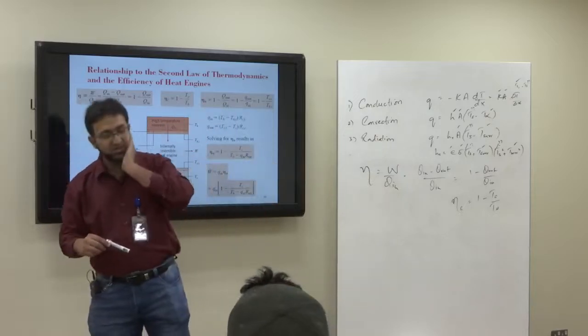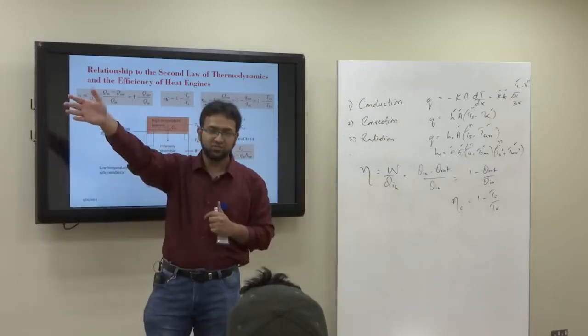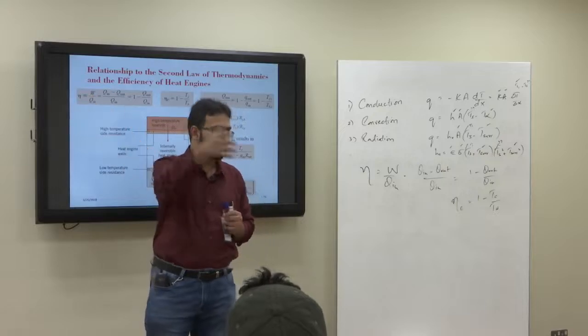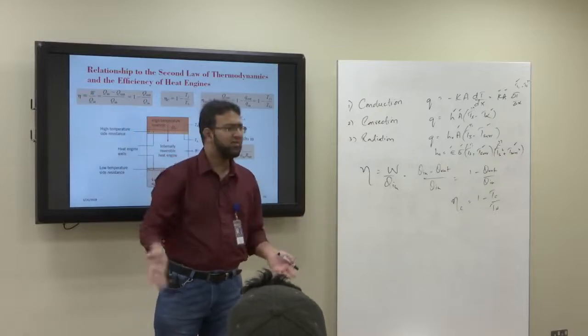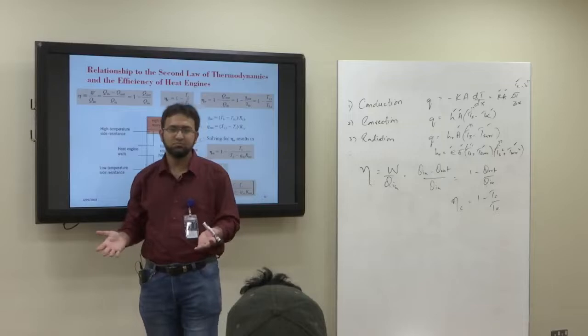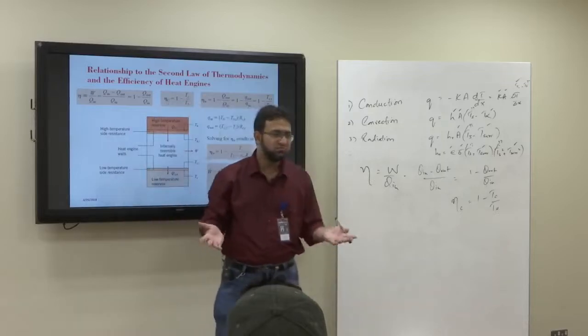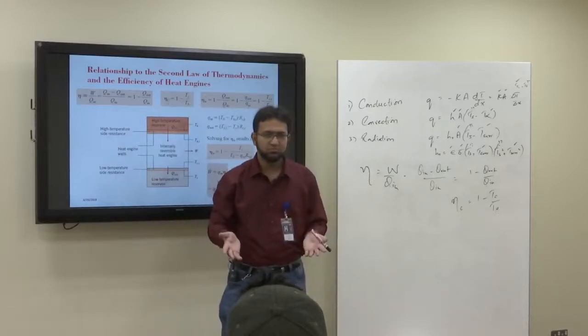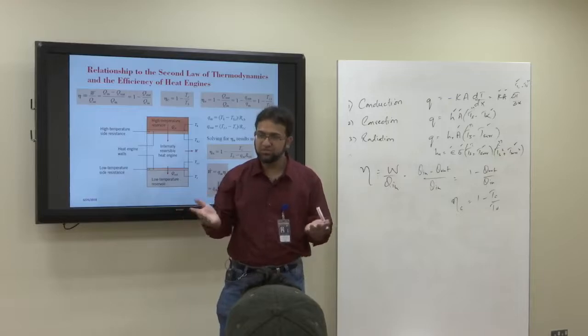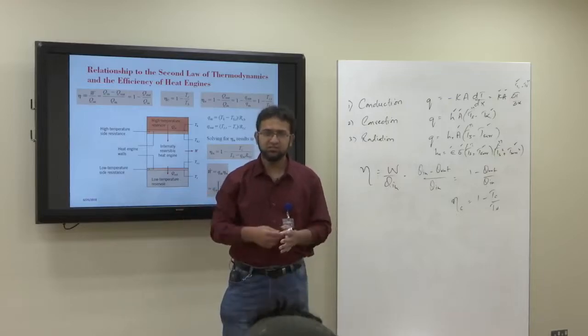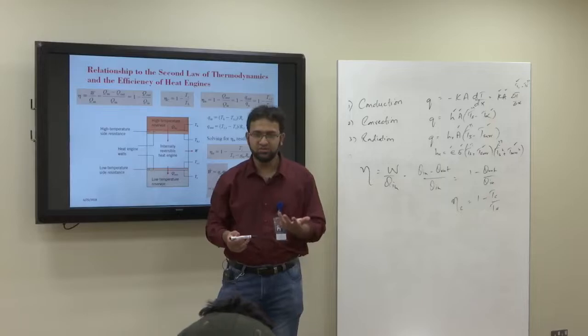Now suppose the condenser is rejecting heat to the air outside, say air in this room. Air in this room would be at 21, 22, maybe 24 degrees centigrade, the comfortable range.